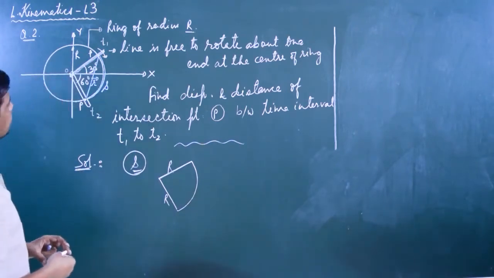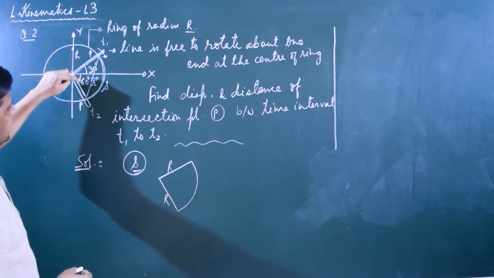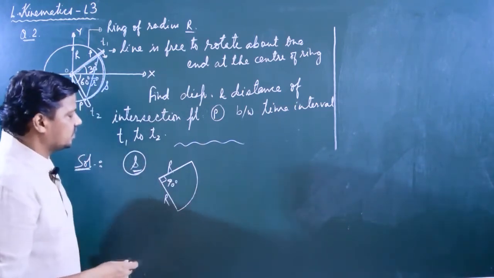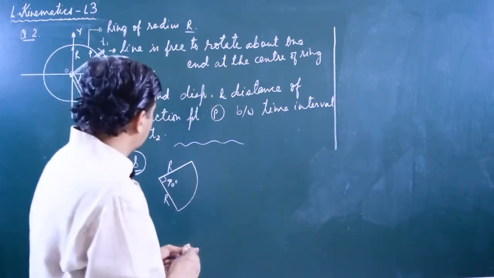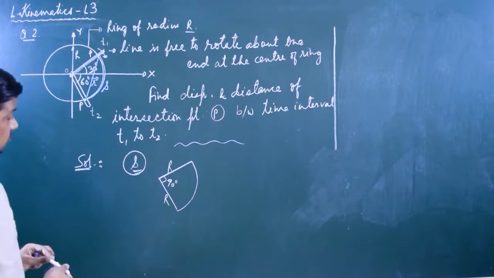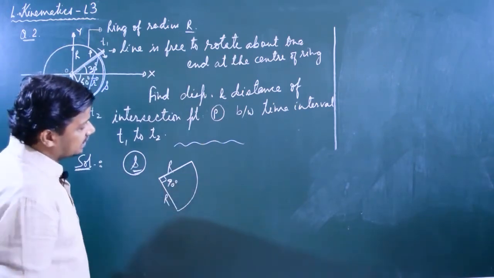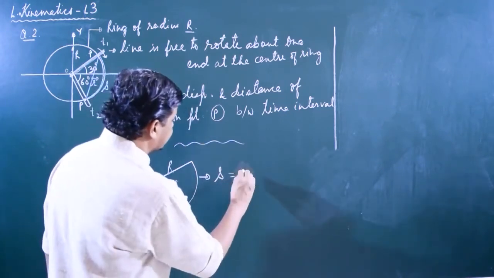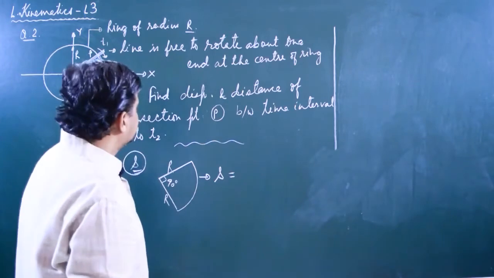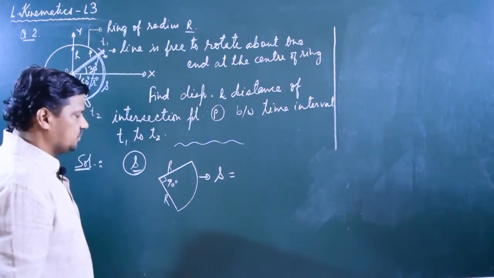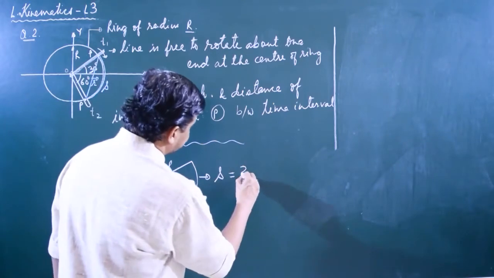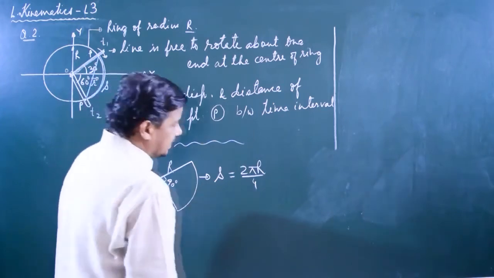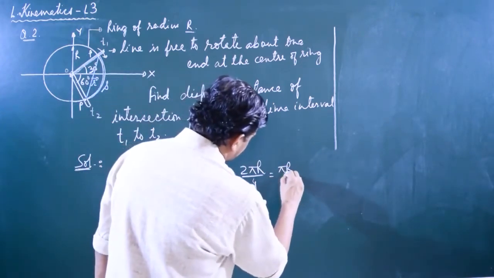Now what is the angle between these two positions, 30 degrees and 60 degrees? This angle is 90 degrees. It is actually 1/4 of the circle, so you may get the length of this circular arc. Distance covered is 2 pi r by 4, 1/4 of the circle length, which is pi r by 2.